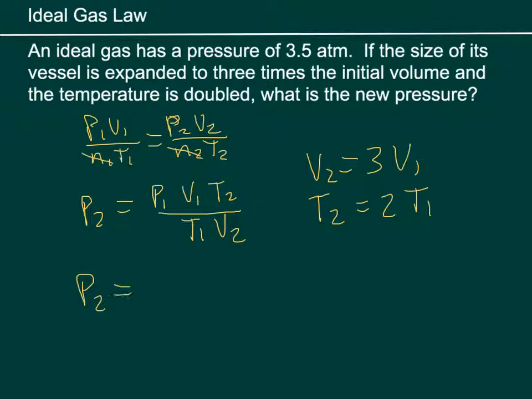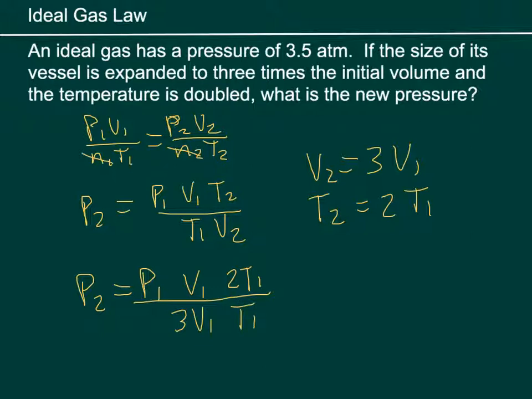P2 is equal to P1 times, in this case I'm going to put the V's together, so V1 over 3V1, subbed in for V2, and T2 is actually 2T1, and that's going to go over T1.